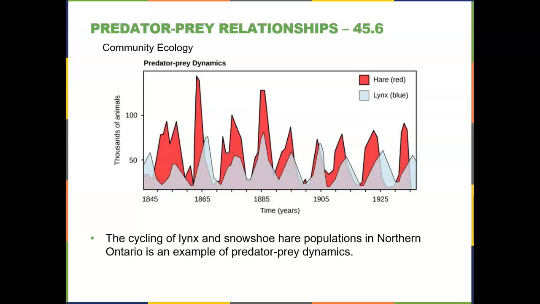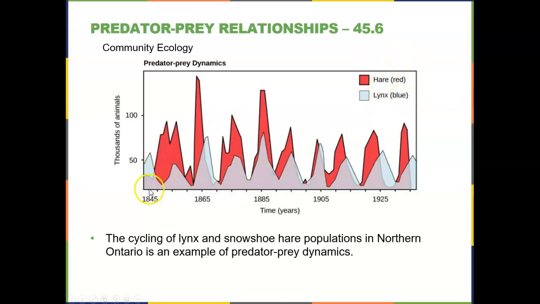Some of these interactions involve what we call predator-prey dynamics, because some will serve as a food source, a resource for others. Here the hare, which are rabbits, and the lynx, which is a cat-like animal species, is a predator for this rabbit prey group.